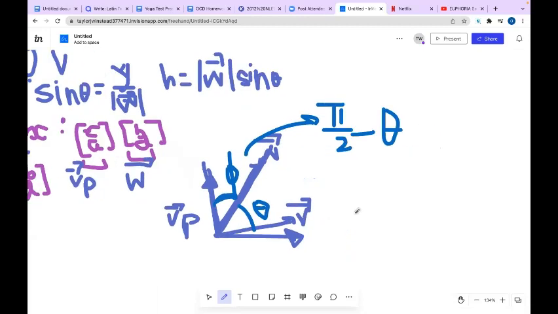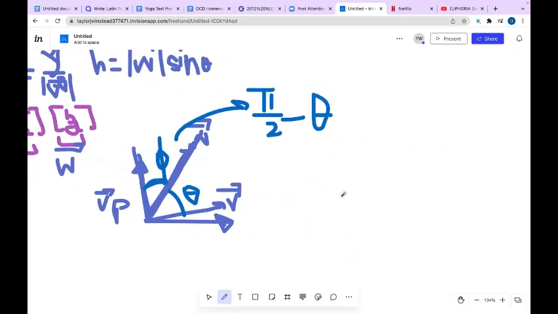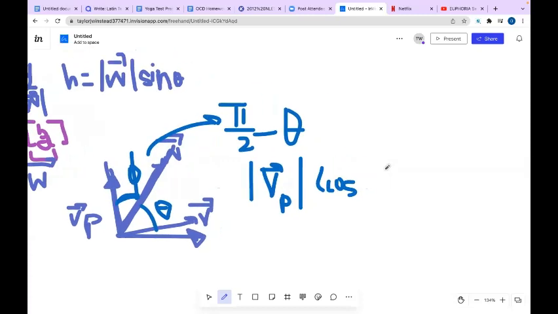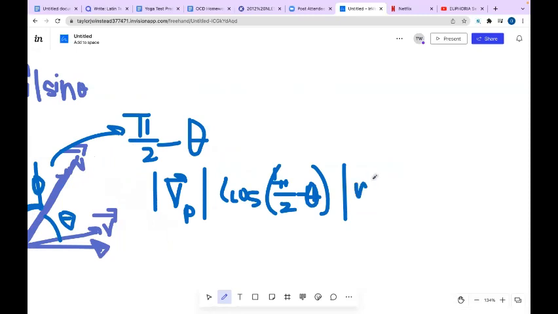So what we can then say after knowing that is that the length of V perp times cosine of pi over 2 minus theta times the length of vector W is equal to the determinant.